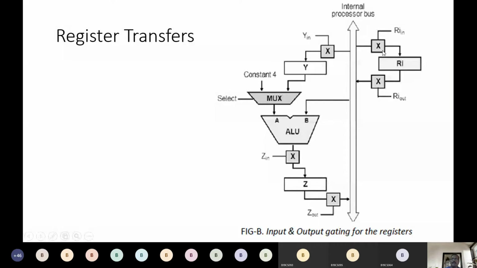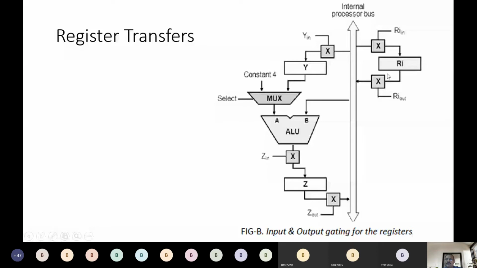So here, in your previous diagram, for example, if you take this one, it's the same diagram we had seen in the previous one, but the upper part we had omitted for convenience. That is, the MAR, MDR part is removed from the previous diagram, and at the bottom we have the ALU, multiplexer, and so on, and the registers.